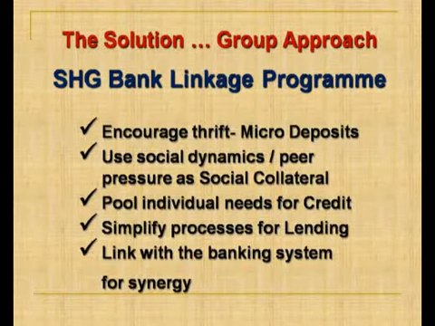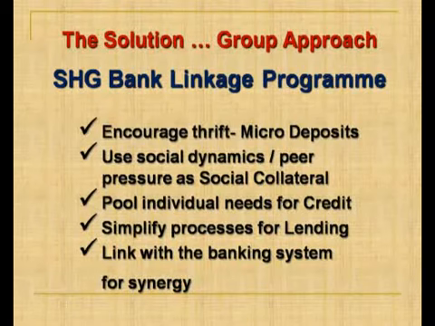Then instead of the traditional collateral concept, it takes collateral in a very different form. What is that form? It's a non-tangible collateral in the form of peer pressure, the relationship, the cohesiveness of the group.